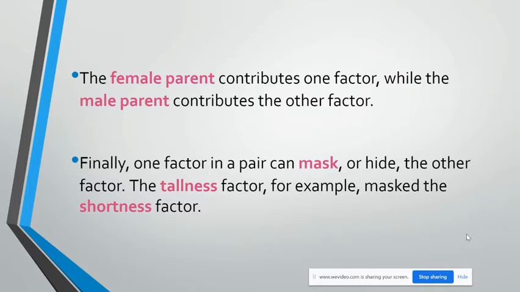And so then it kind of determines what the offspring is going to look like. And another conclusion he had is that one factor in a pair can mask or hide, or what we could say like cover up, the other factor. So the tallness factor in pea plants masked the shortness factor.